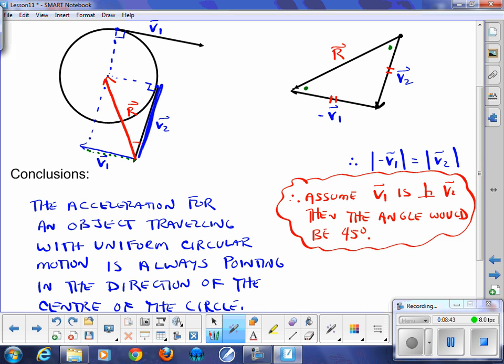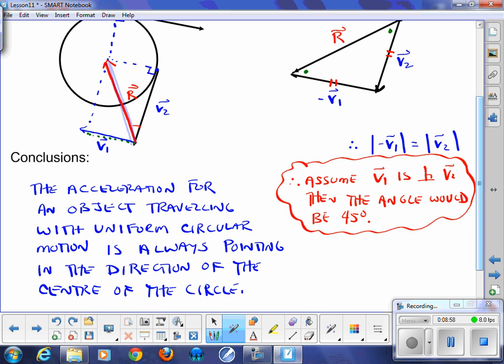So this side and this side are equal lengths. That would mean that it's a 45 here, which means that it would end up pointing toward the center of the circle. If you want to see the exact nature of how that works, definitely challenge me on that in class and we can go through it to help visualize it. But this is really the whole point here.